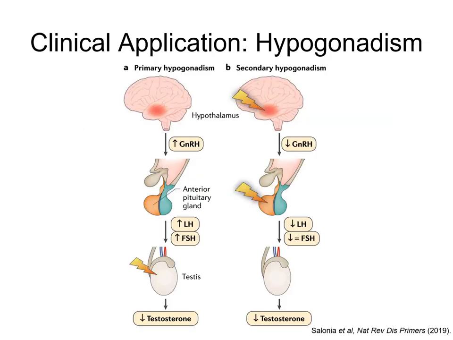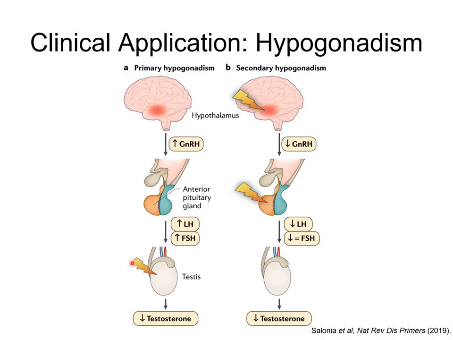Now, hypogonadism is a term that really is a blanket term for a number of different conditions that are the cause of the hypogonadism. Here on the left of the slide, we see a simplification of primary hypogonadism. Primary means that the primary defect is in the gonad.